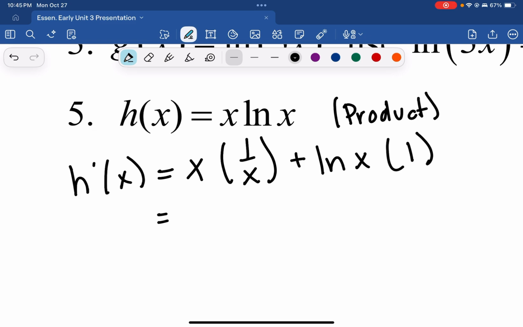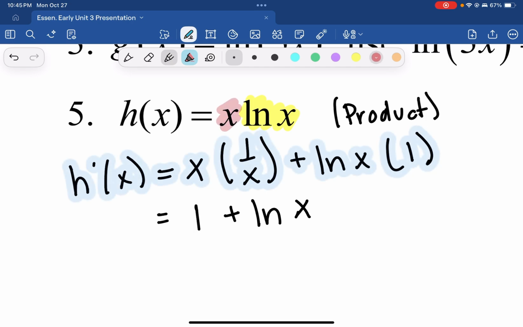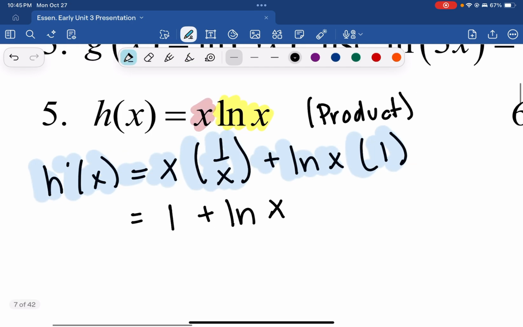And I'm going to simplify. So I get x times 1 over x, that's 1. The natural log of x times 1 is the natural log of x. Just coloring those differently so you can see those two.